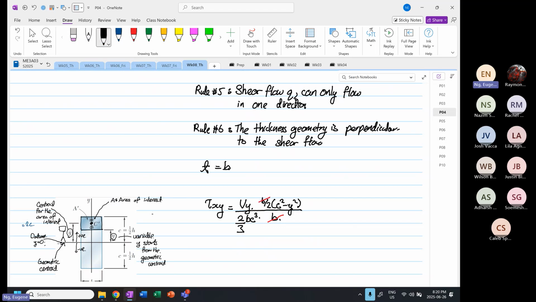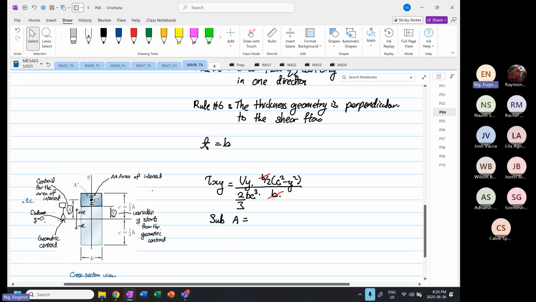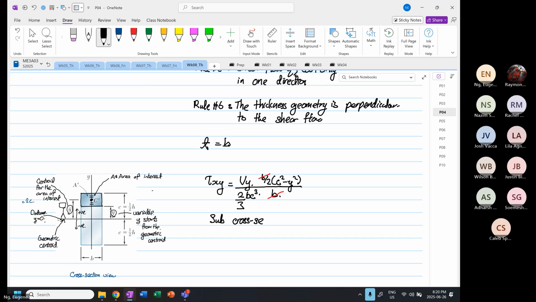And then the next thing we are going to do is substitute the cross-sectional area, which I'm going to call A, is equal to 2bc, because the top is c, the bottom is c, so it's 2c multiplied by b, is 2bc. So the shear xy now is equal to Vy. Now we will have this as our half, then we have c squared minus y squared.